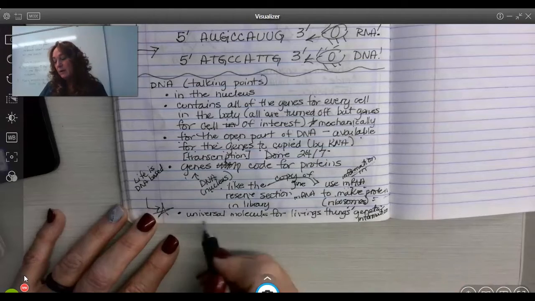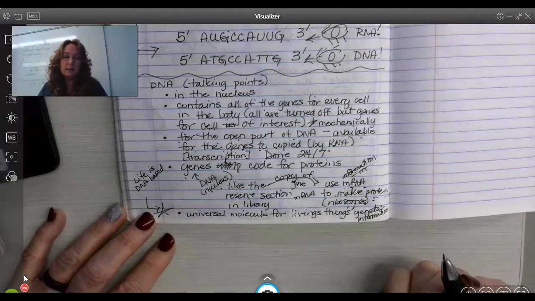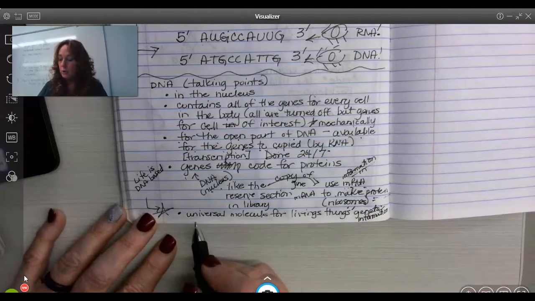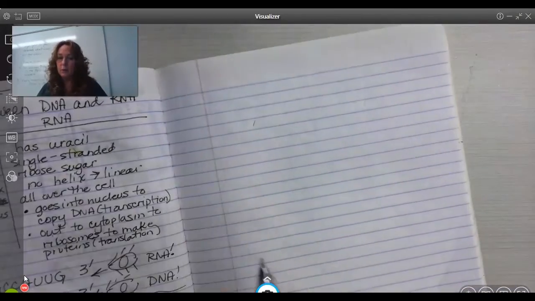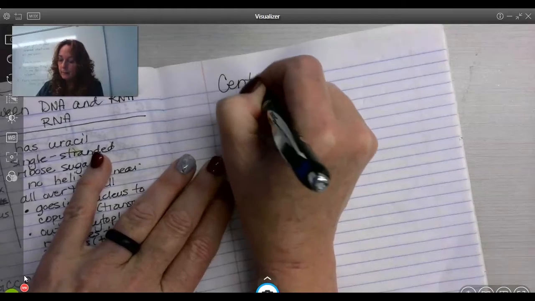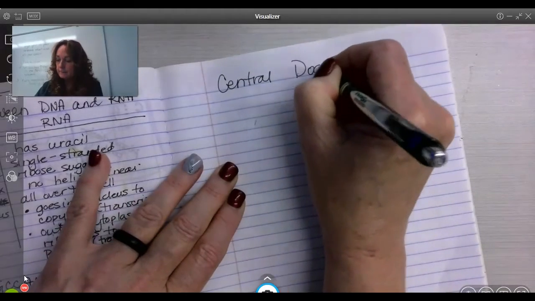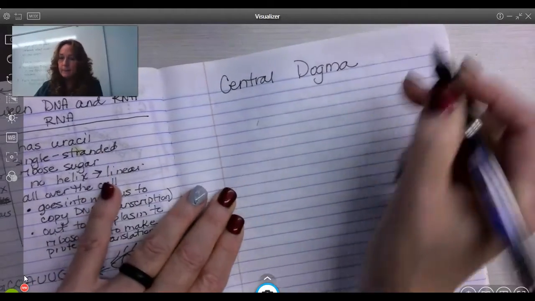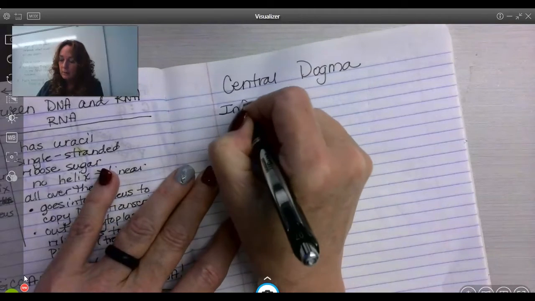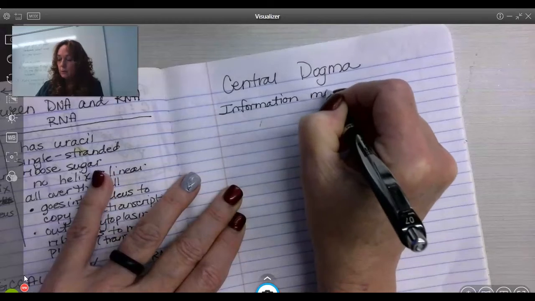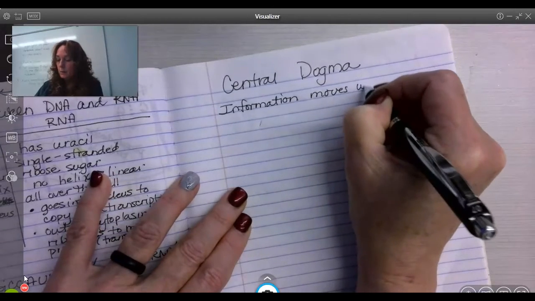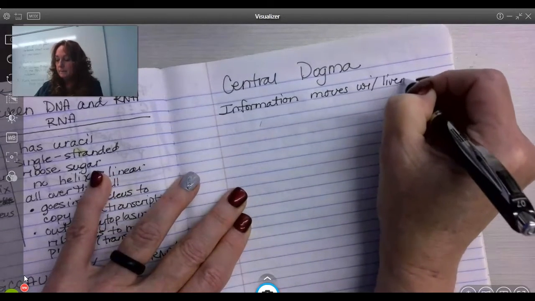And then the final thing you want to be sure that you understand is the central dogma, which is this. This is the way that information moves within the living thing.